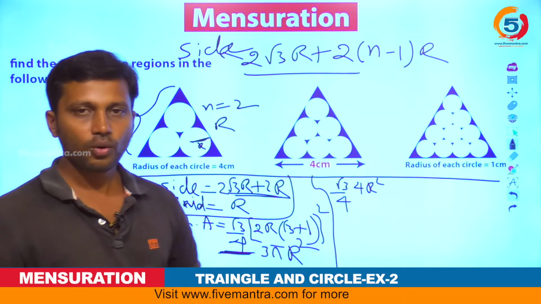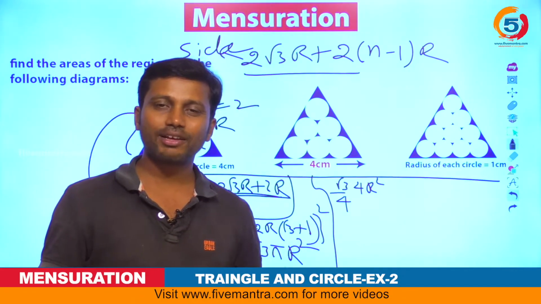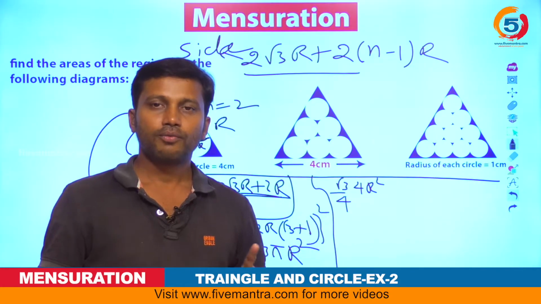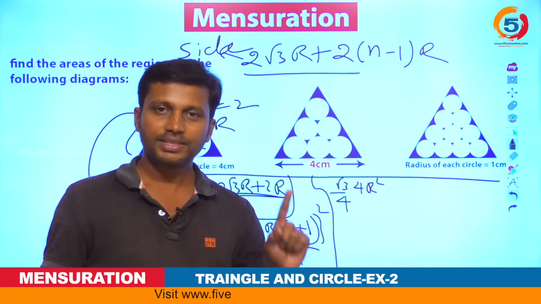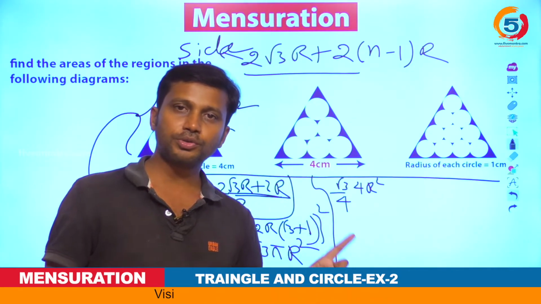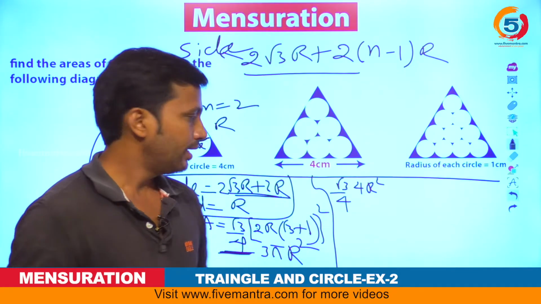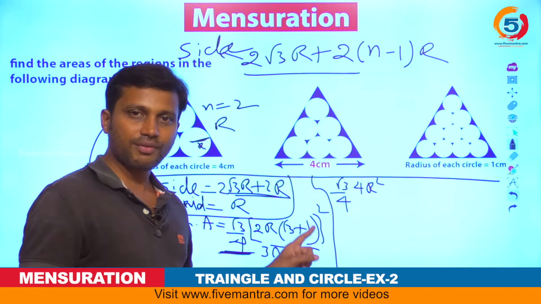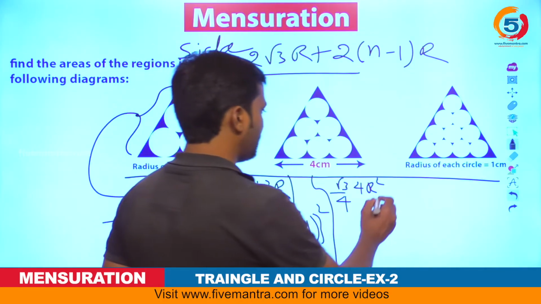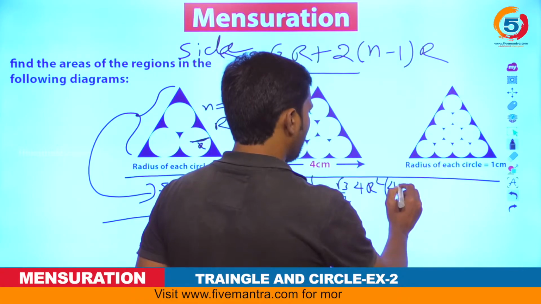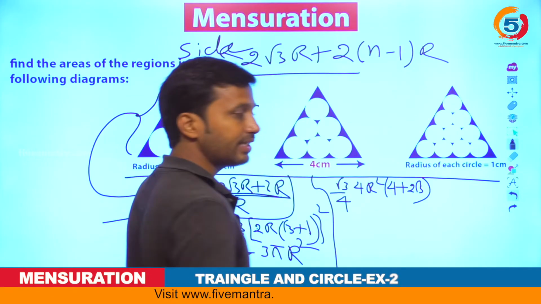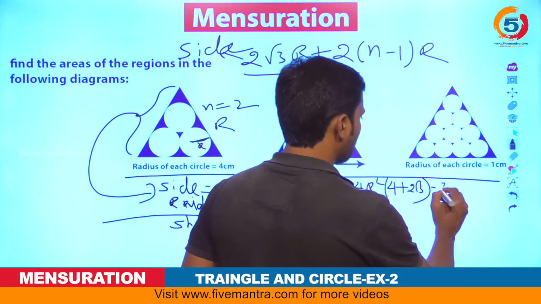Root 3 plus 1 whole square can be written as root 3 whole square, that is 3, plus 1 whole square, that is 1, that is a square plus b square, next 2ab, that is 2 into root 3 into 1, which is 2 root 3. So in total that is 4 plus 2 root 3, isn't it? Minus 3 pi R square.